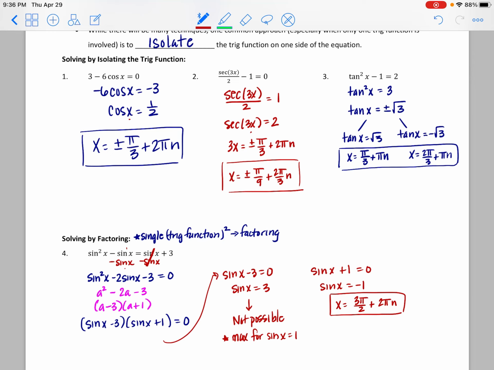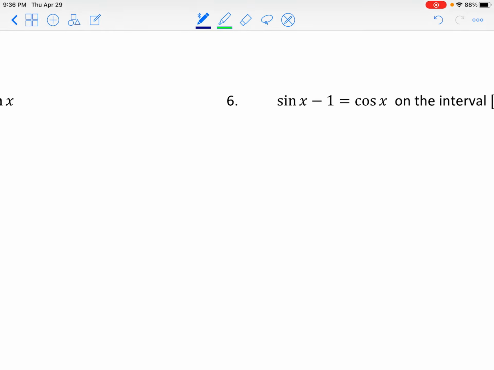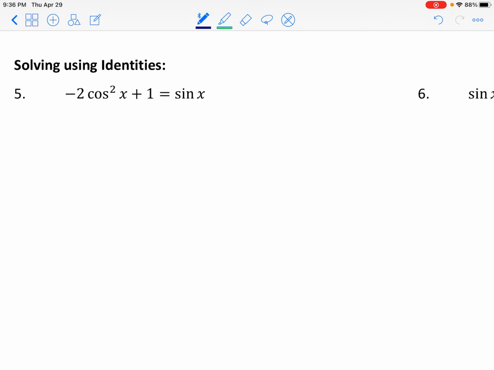All right, hopefully we're feeling okay so far and moving right along. We're going to try to introduce some identities into the next one. So actually here we're going to use identities and factoring. So far everything has had just one trig function in it. When you see an equation with multiple trig functions, so looking at 5, looking at 6, we see sine and cosine, that's going to be your clue to use identities.